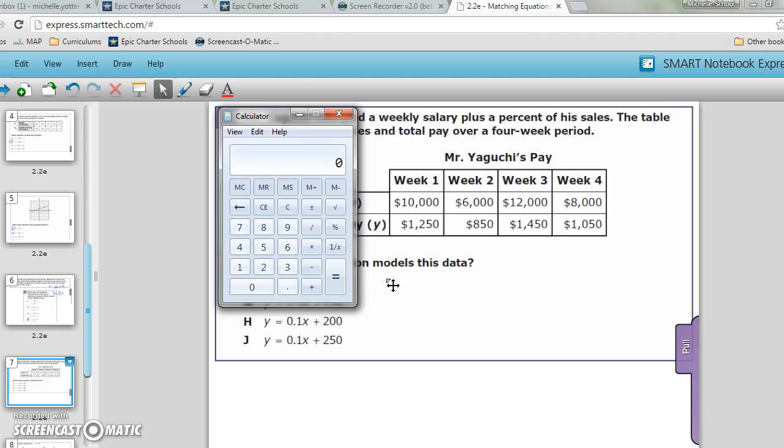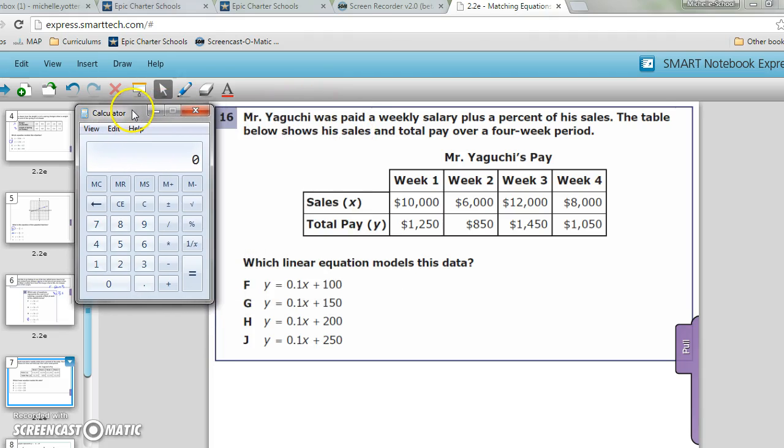So let's try. If I put in 10,000 to this first equation, will I get 1,250? So 0.1 times 10,000 plus 100 gives me 1,100. So nope, can't be that first equation. Let's try the second one. 0.1 times 10,000 plus 150. Nope. That gives me 1150.